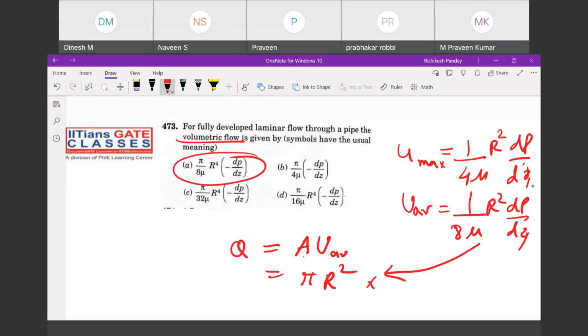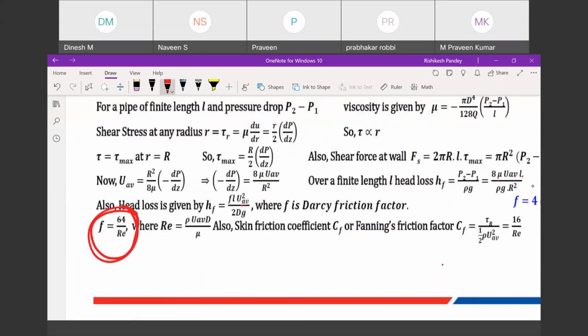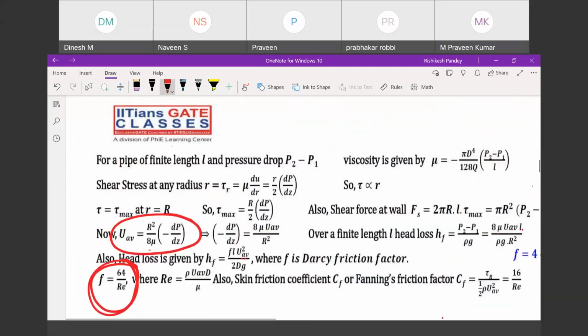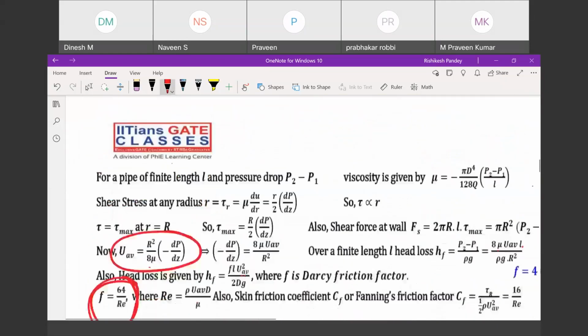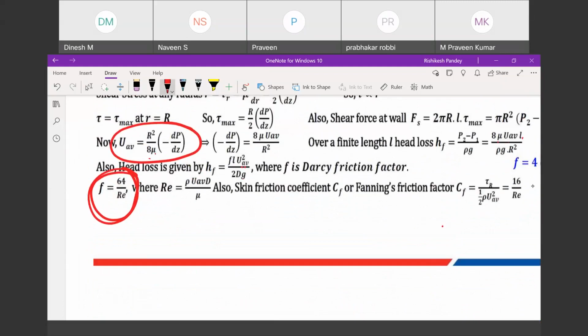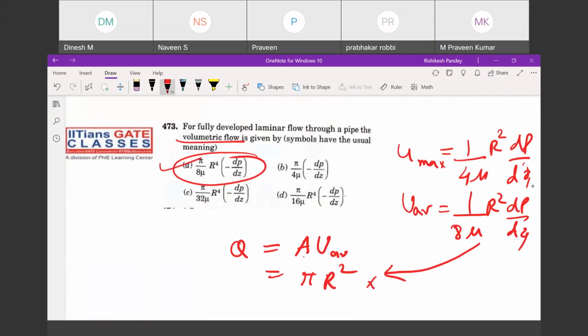We have seen this: average velocity is r square by 8 mu times minus dp by dz. In this you multiply area, pi r square, multiplied by U average. So you will get what? Option A.